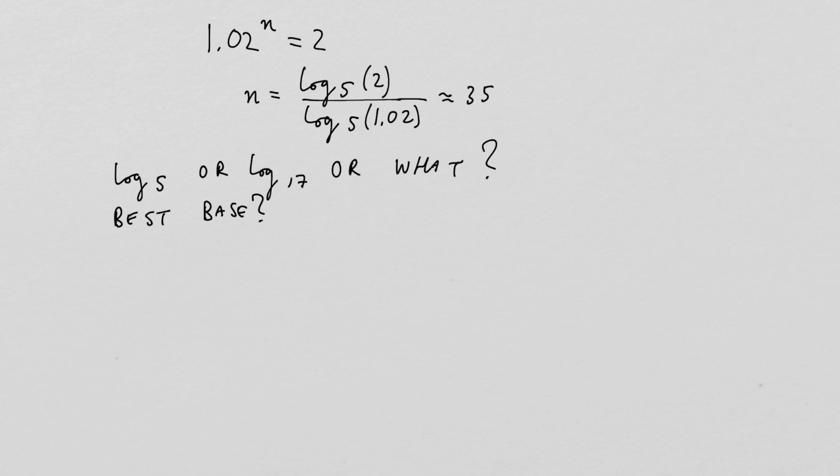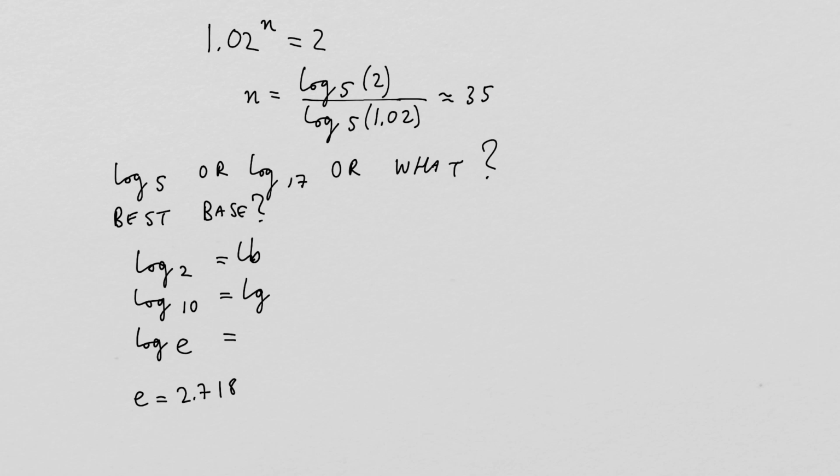Well, the most common ones are logarithm of base 2, that is sometimes denoted by LB, logarithm of base 10, that is sometimes LG, and logarithm of base e, where e is 2.718.